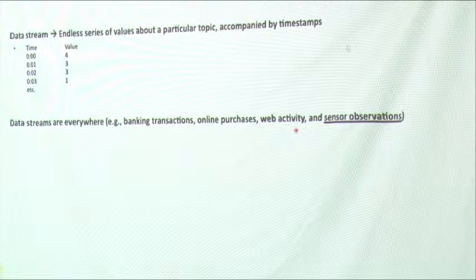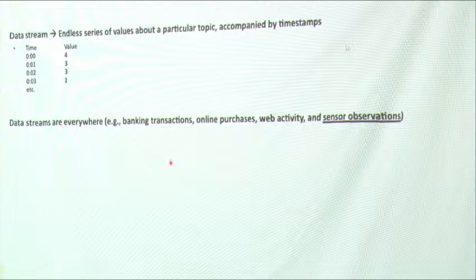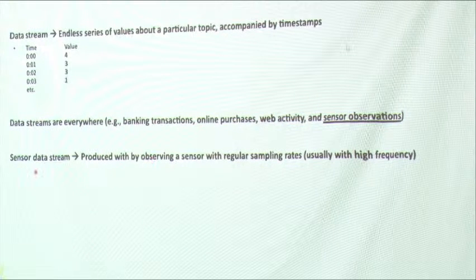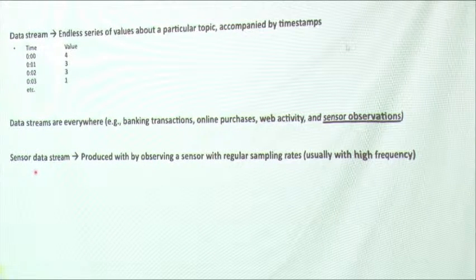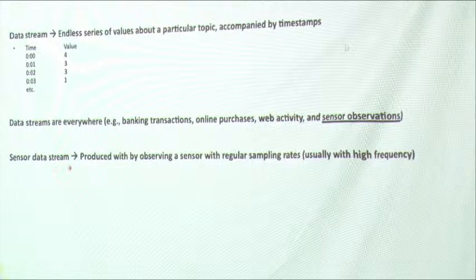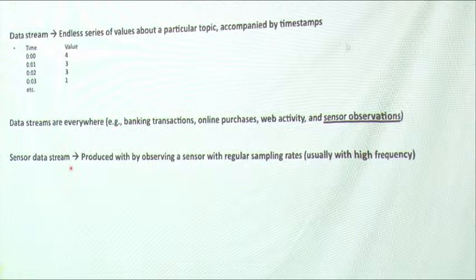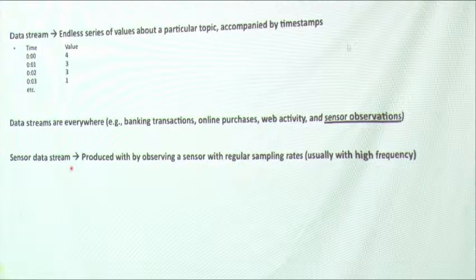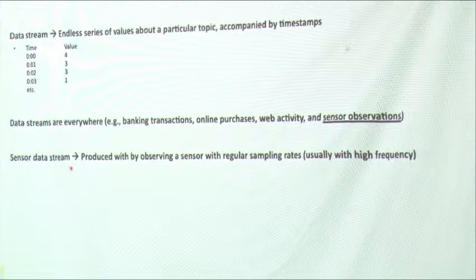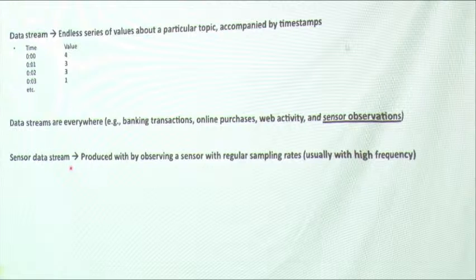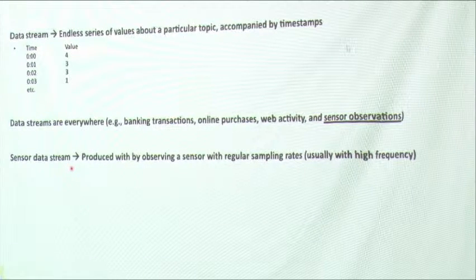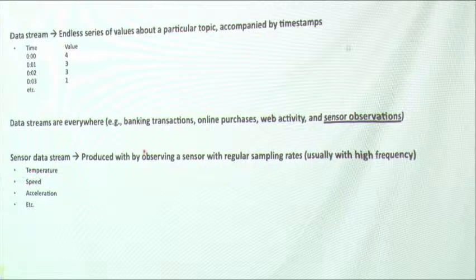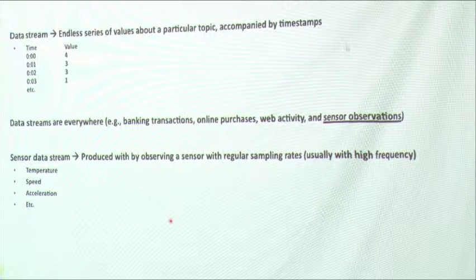When you observe a sensor, you get data flows or data streams, and a sensor data stream can be thought of as a sensor that is observed on a regular basis, and usually the sampling frequency is very high. Some examples include measuring the temperature, the speed in a car, the acceleration, pedal position, the gear number, and so on. You can name many more examples for sure.